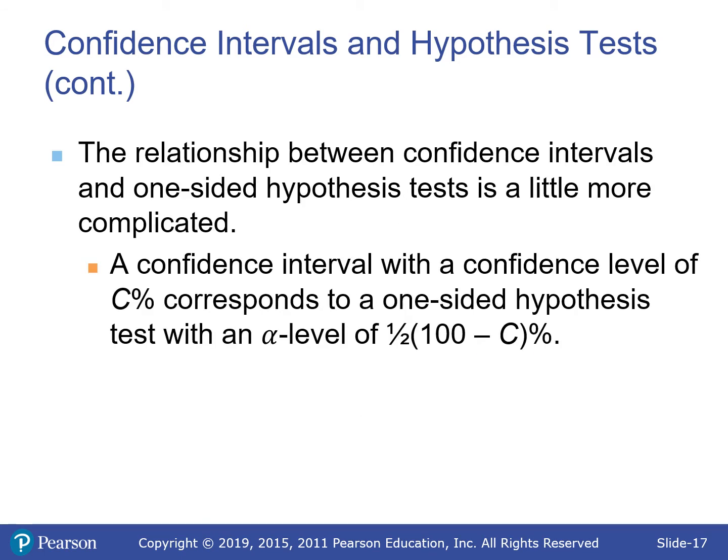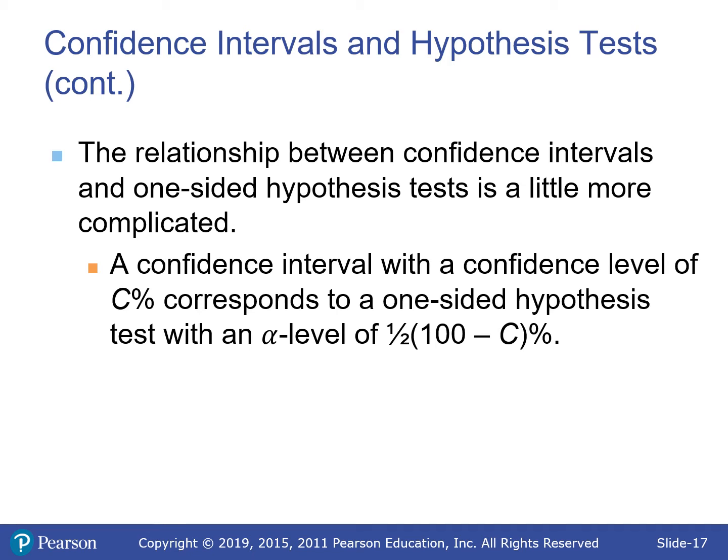With one-sided ones, it's a little bit more complicated. We have to have an alpha level we subtract, and then we have to do half of it. So if we wanted an alpha level of 0.05, we would need like a 90% confidence interval, right?